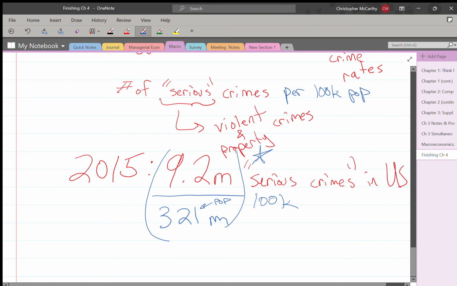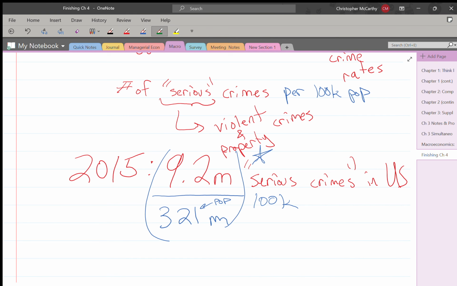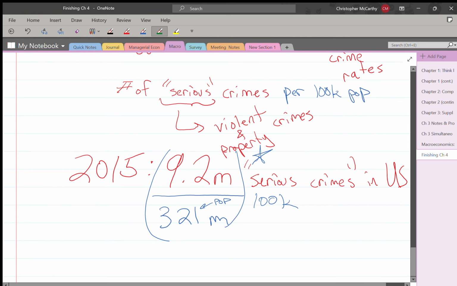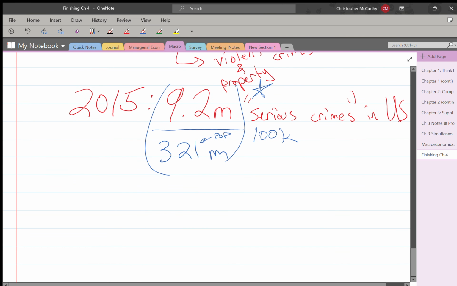And so we end up with a number that is 2,860 crimes. There's a reason why we're doing this. I know it's a lot of numbers. Crimes per 100,000 population, people.